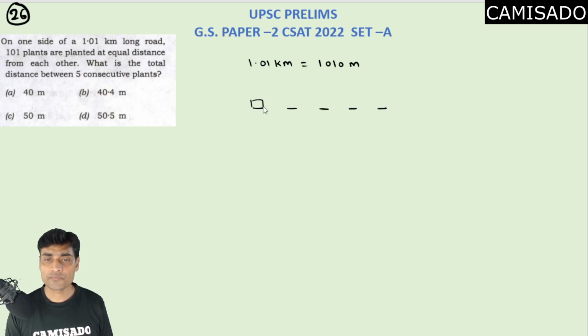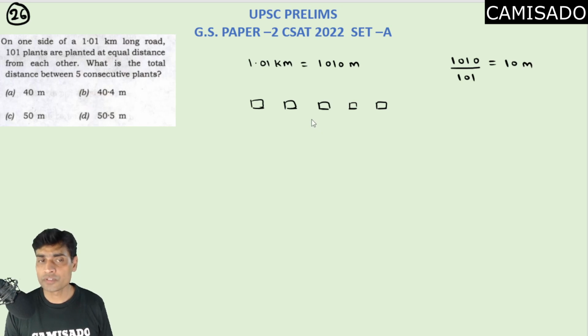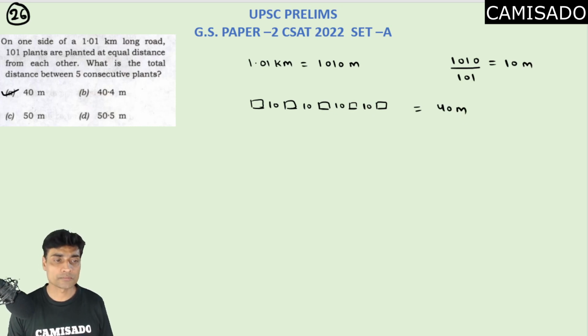As we know that total distance is 1010 and we have to plant 101 plants, the distance between each consecutive pair of plants will be 10 meter. So 10 here, then 10 here, 10 here, and 10 here. Overall, when we add up, you will get 40 meter as the distance. So it's the right option.